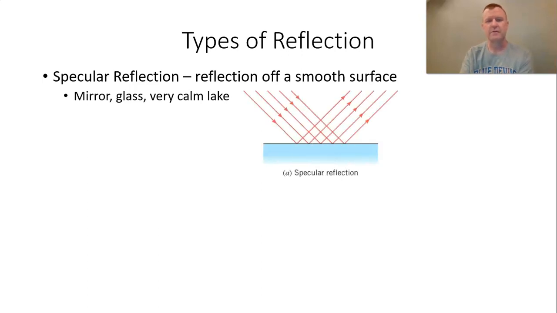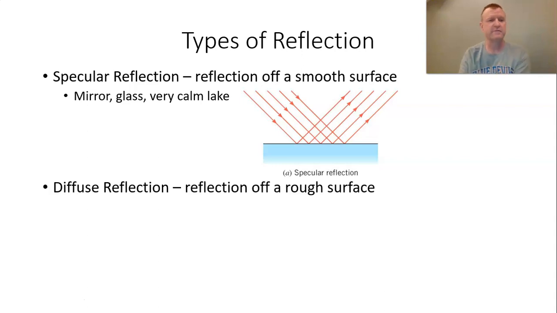So how that works is you have these light rays coming in parallel to each other, and they're all going to reflect. They all obey the law of reflection, and because this is a very smooth surface, if they're coming in parallel, they're going to reflect parallel at the same angle. That is specular reflection.